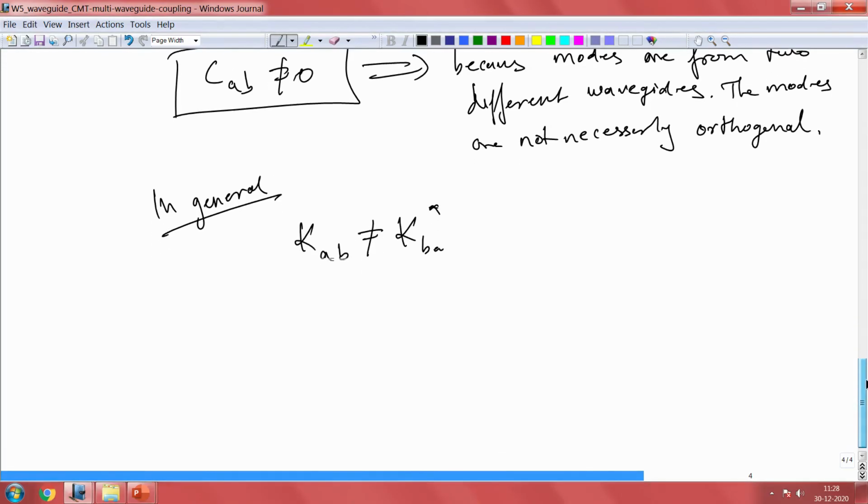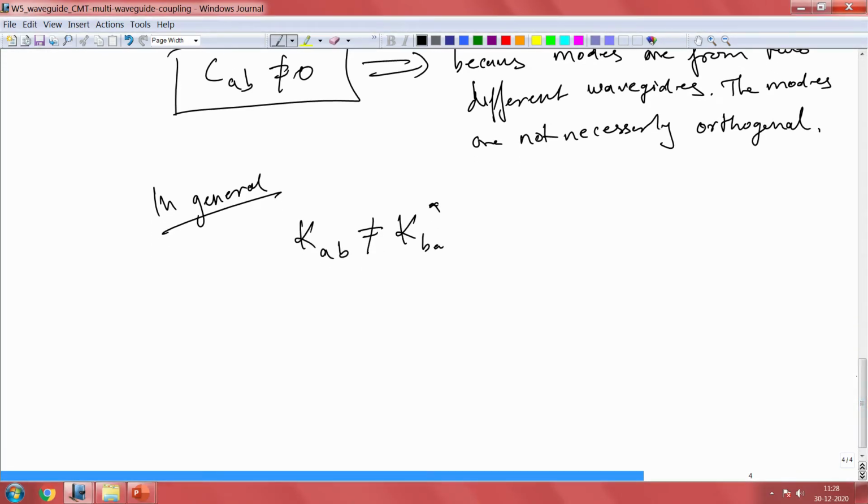We could write the direct relation between the coupling coefficient and propagation constant, right.